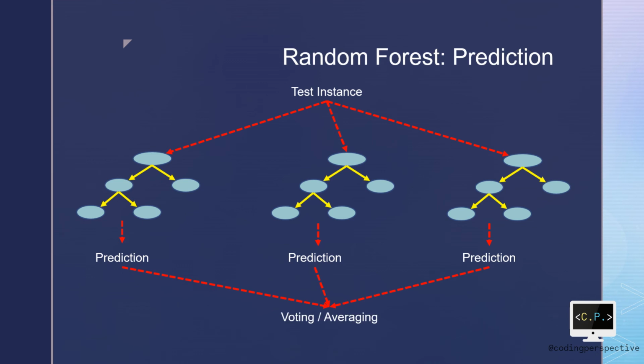If it is a classification task, you can do voting and select the majority voted class. However, if it is a regression task, you can simply take the average over all predictions that the weak learners generated. Based on the voting or the averaging, you attain the final prediction of your random forest model. This is how a prediction is made in a random forest model.